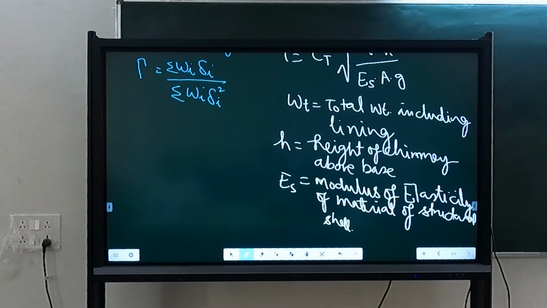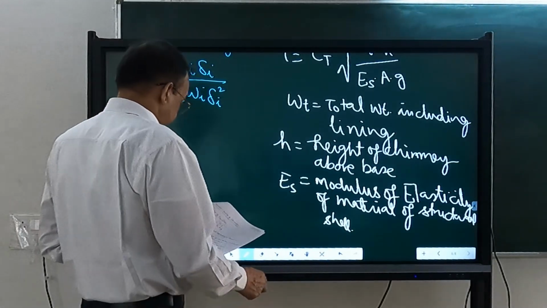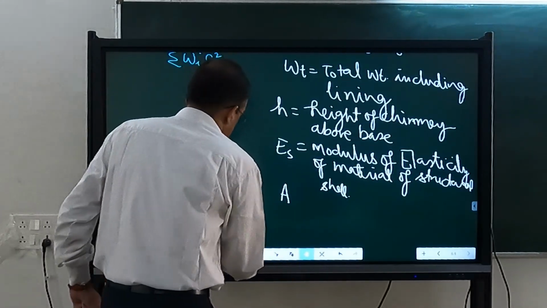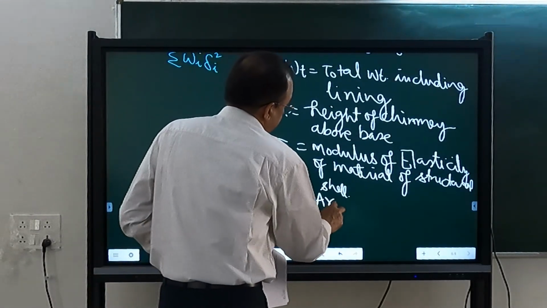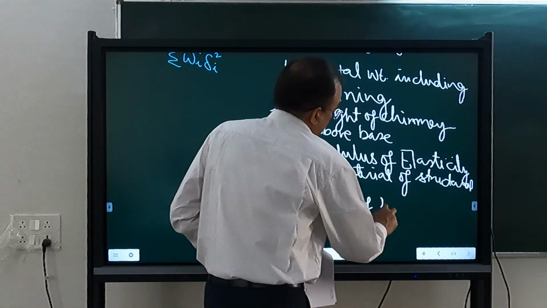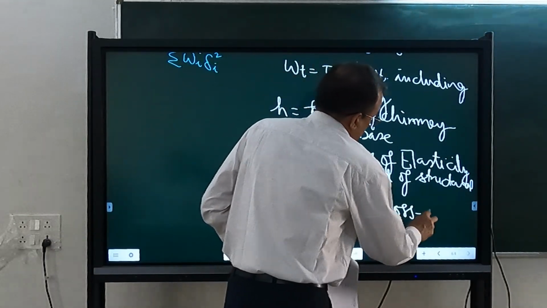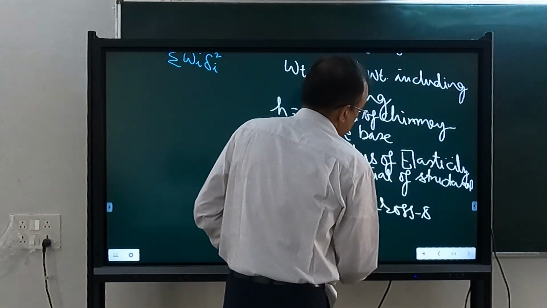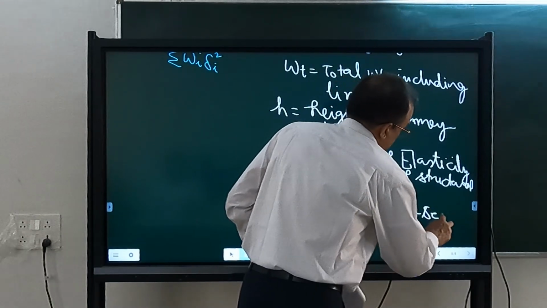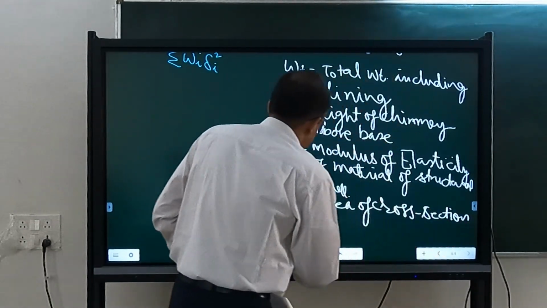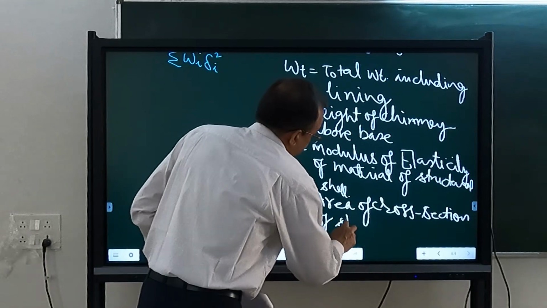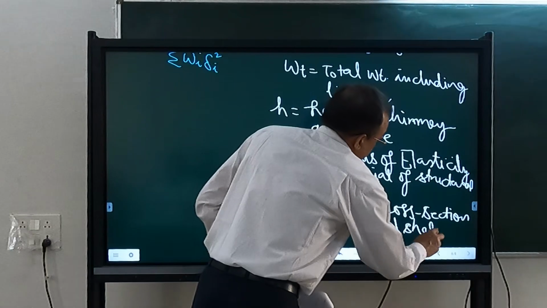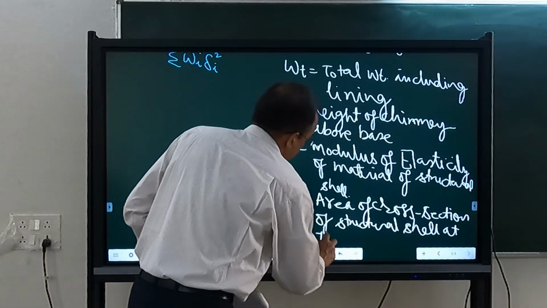So that is the value of E. A is the area of cross section of the structural shell at the base.